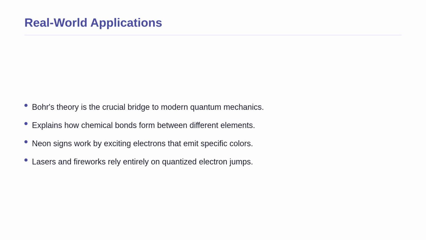When you see a bright red neon sign, you are watching electrons being excited by electricity and dropping back down, emitting specific colors just as Bohr predicted. The lasers used in eye surgery and even the distinct colors of fireworks in the sky rely entirely on controlling these exact electron jumps between specific energy levels.